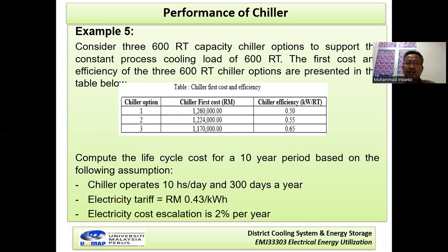Okay, example 5, the last example for this district cooling system. Consider three 600 RT capacity chiller options to support the constant process cooling load of 600 RT. The first cost and efficiency of the chiller options are presented in the table below.